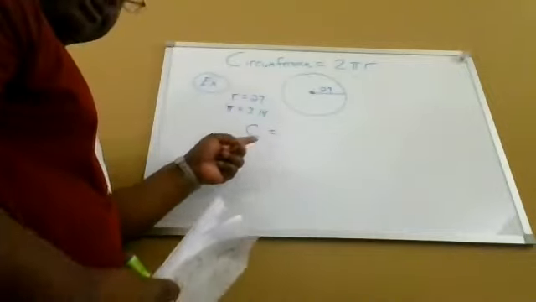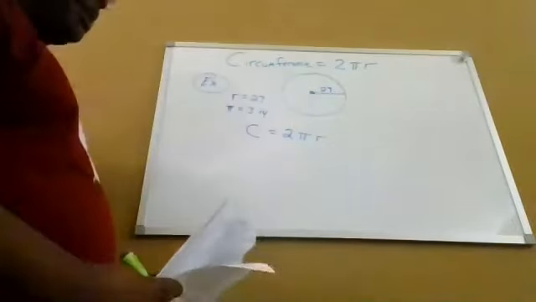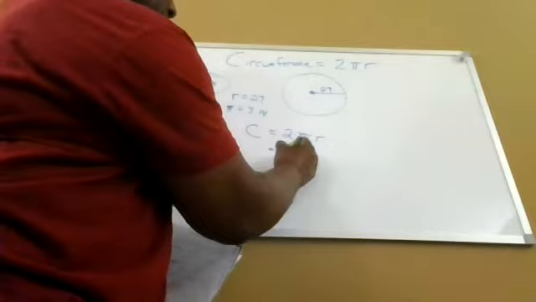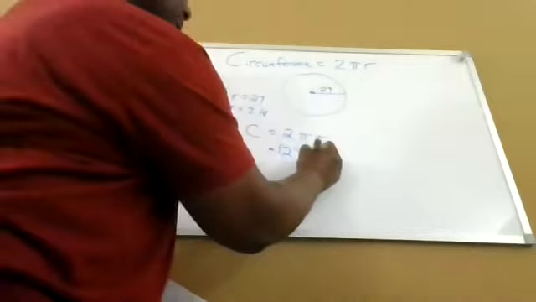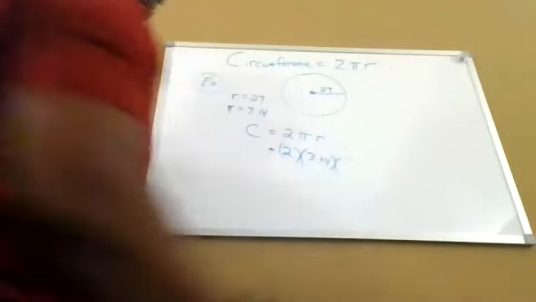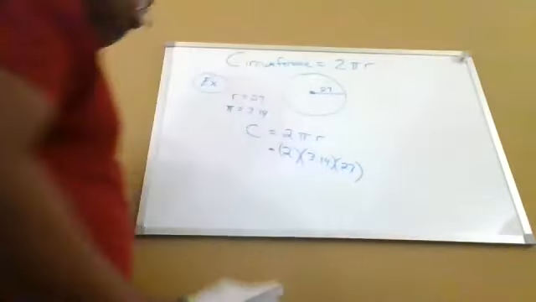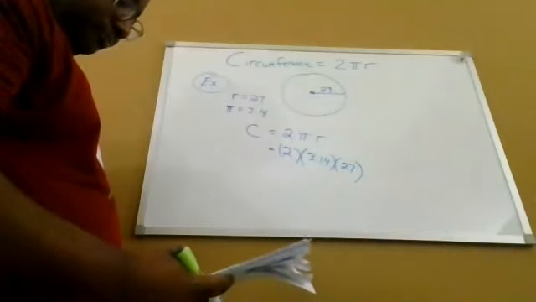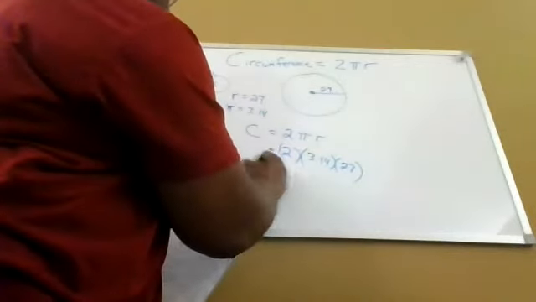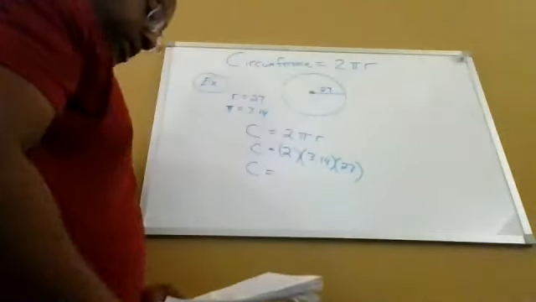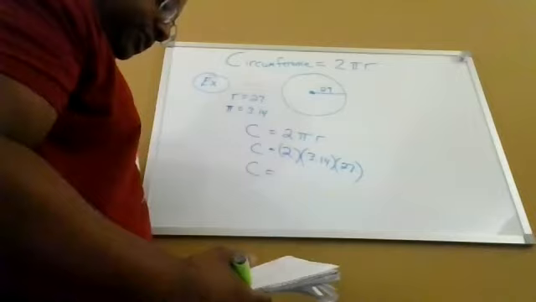The C is for circumference. 2 times pi times r. Two times 3.14 times 27. And when you multiply this all together, that gives you 169.56.